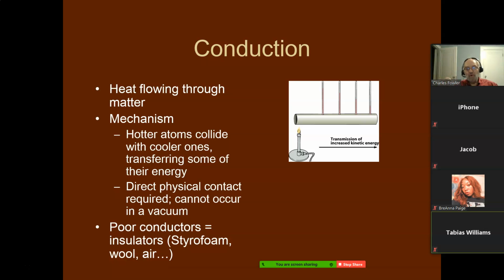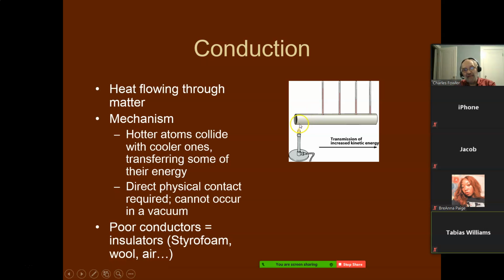So poor conductors are large molecules because they conduct really slowly. Good conductors are things like those free electrons that they conduct really quickly. So if this is a metal tube here, that's going to conduct that temperature real quickly down the tube.